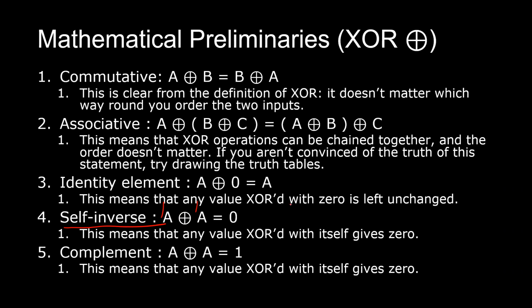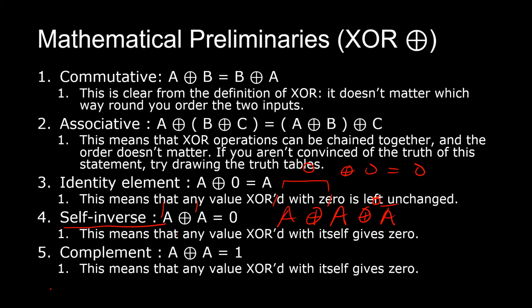And if we decided to do A XOR A XOR the inverse of A, being a NOT, so this would be 1, 1, 0. And if we try to do a proof on that, these two combined, 1 and 1 is 0. 0 XOR 0 is going to equal 0.